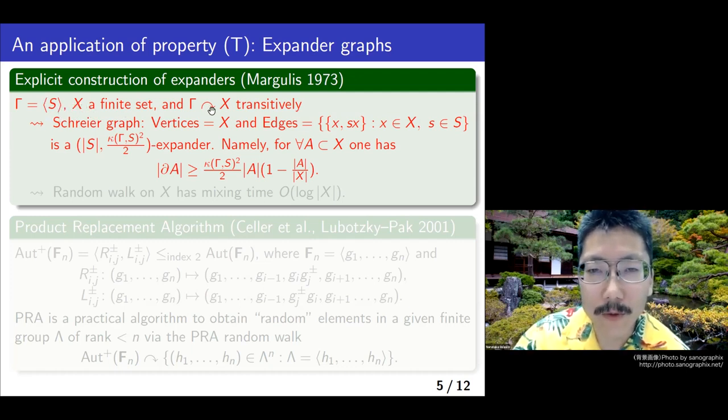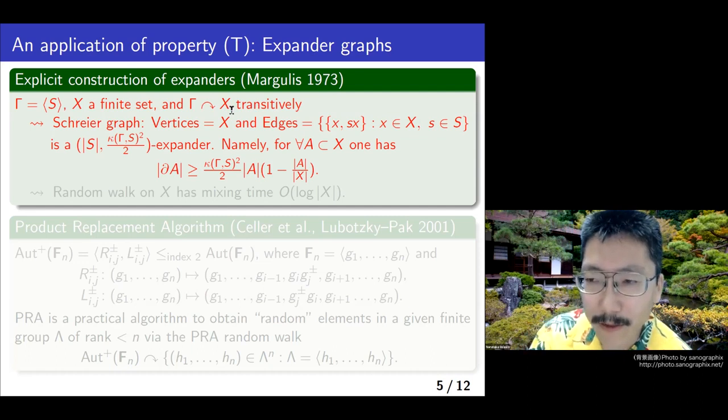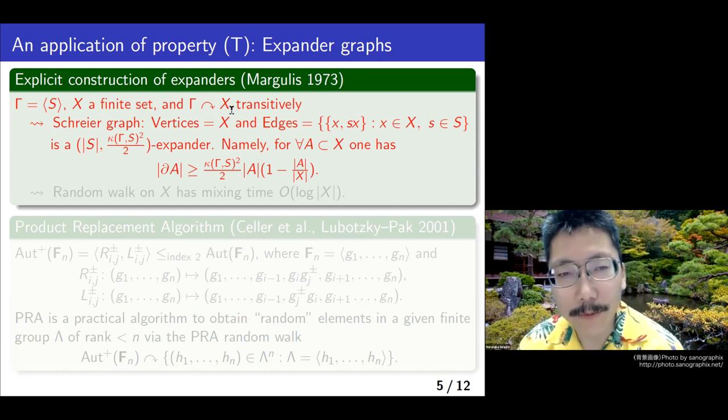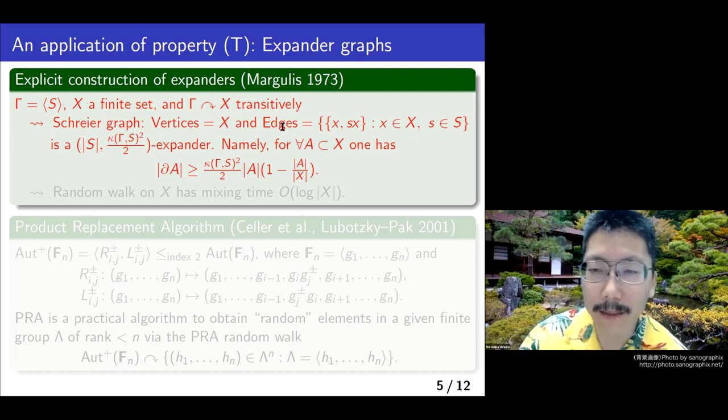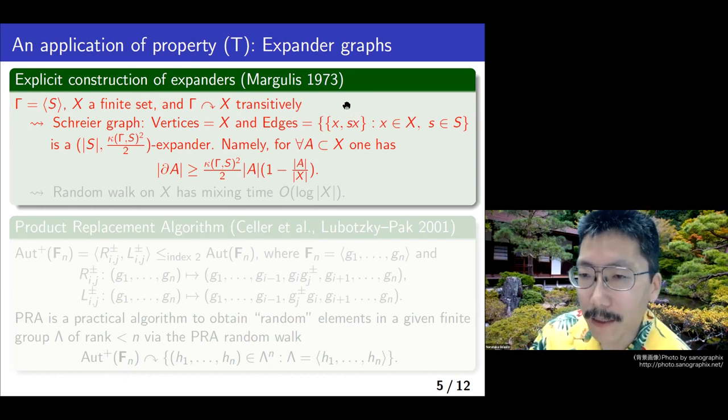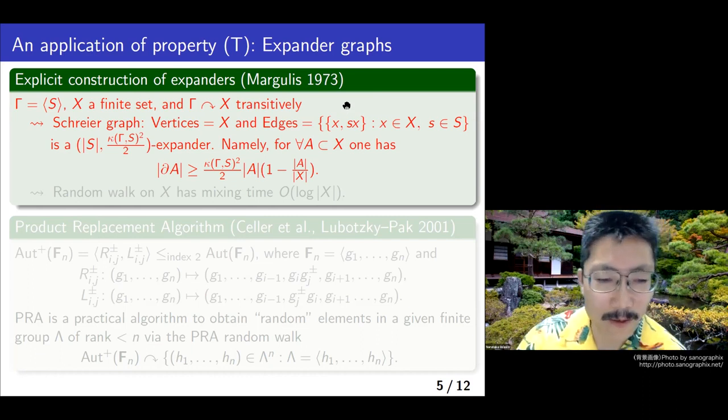And gamma acts transitively on a finite set X, so that it's a homogeneous space, gamma over the stabilizer subgroup. The Schreier graph is a graph with vertex set X and edge set given by x and sx, where s is one of the generators. There may be loops, etc., but let's not care about that detail.